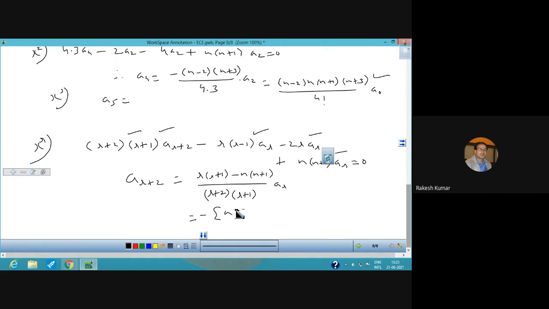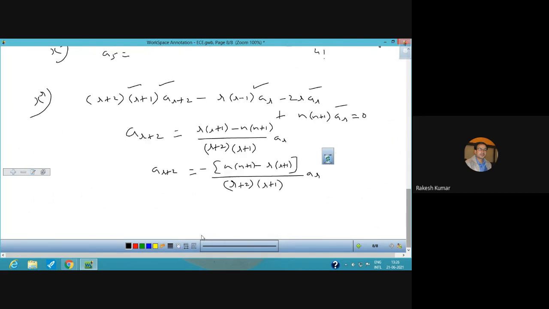You can write n into n plus 1 minus r into r plus 1, divided by r plus 2, r plus 1 into ar. Now, this is the required recurrence formula or recurrence relation to obtain the coefficients. This is the relationship between the r plus 2th term and the rth term.